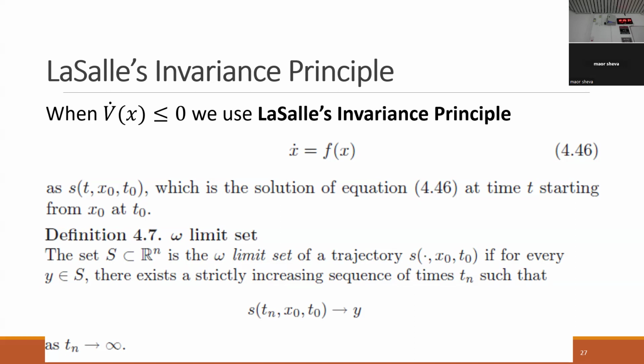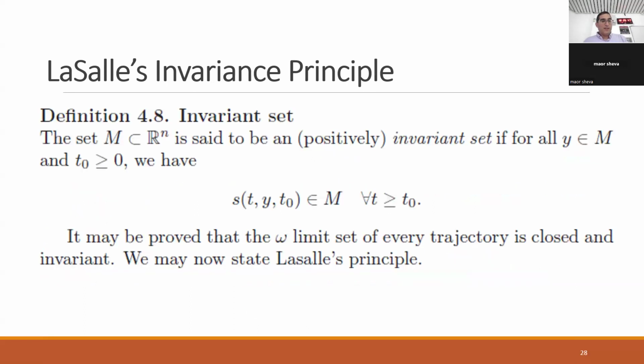So it means that there is a limit set that the system stays in and does not diverge. And this is the invariant set. The set N is said to be a positive invariant set if for all y that are in N and t0 greater than 0, we have the solution of the dynamical system that is in N as well.